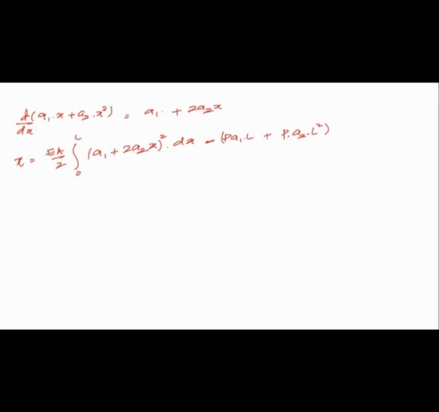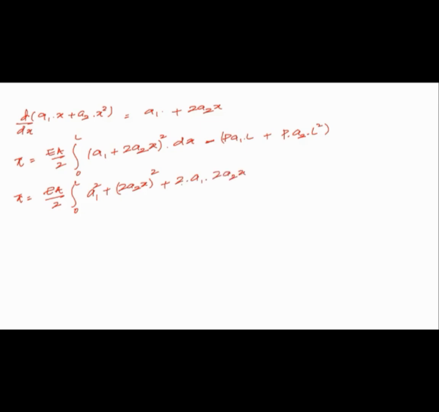Now I have to expand this with a plus b whole square, then integrate it. So I'll expand that a plus b whole square first, then I'll do the integration. So it is EA divided by 2 integration 0 to L of a1 square plus 2a2x whole square plus 2ab.